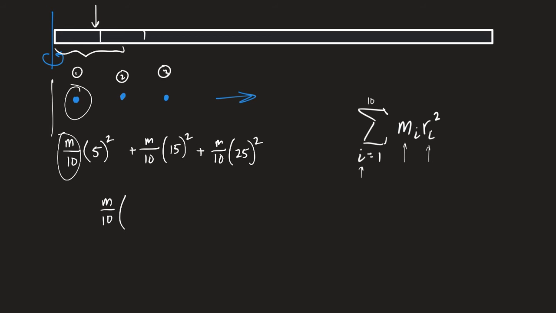Then all you have inside here will be the measurements for r squared. So 5 squared, 15 squared, 25, 35, 45, 55, 65, 75, 85, and 95, squared, each one of those. Square them all, add them all together, and then divide by 10. If done correctly, in centimeters, you get 3325 m.